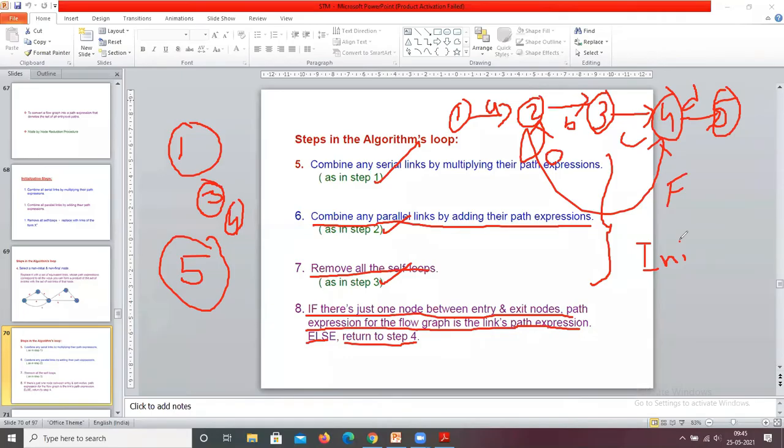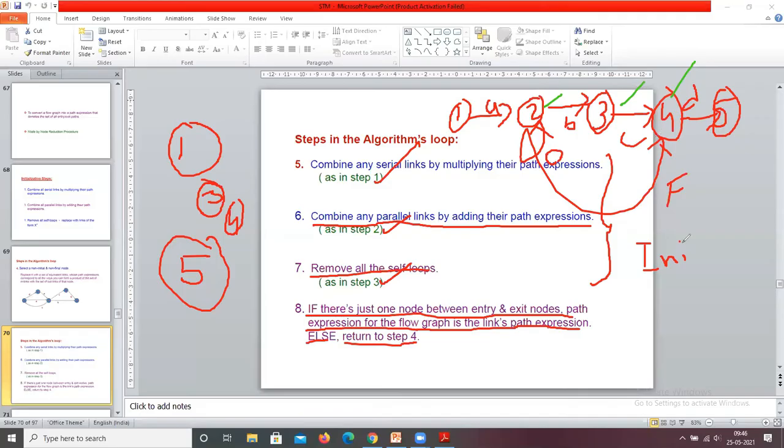So in the fourth step, you are going to select a node. In this 1, 2, 3, 4, 5, the selected node may not be the first or last node. That means not the entry node and exit node. In the remaining 2, 3, 4, you are going to select one node and find the equivalent links in the path expression.